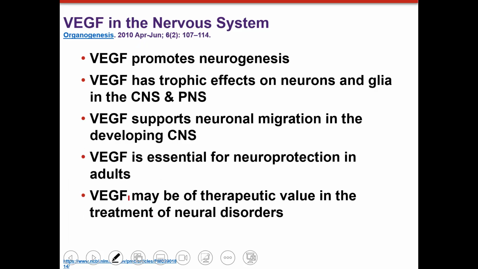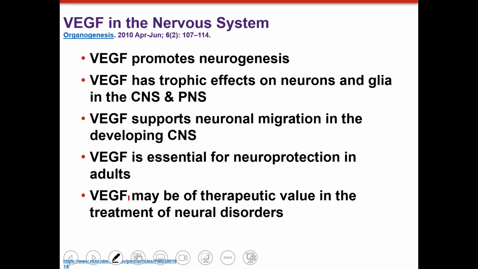It's well known. So VEGF promotes neurogenesis. Now, genesis, think of the word generate. So it's generating nerve when we see that dysfunction. So it's one of the chemicals that is part of the demolition and remodeling phase here. Okay, so the remodel, the recycling, the repair. VEGF has trophic effects in the neurons and the glia of both central nervous system and peripheral nervous system.